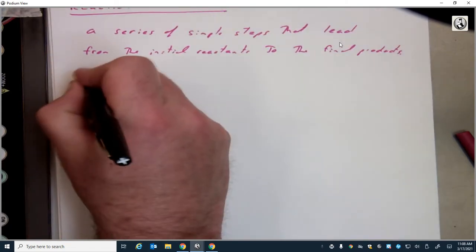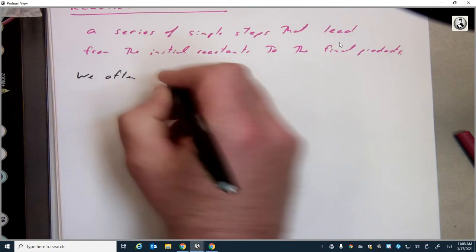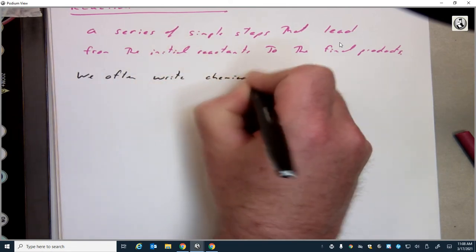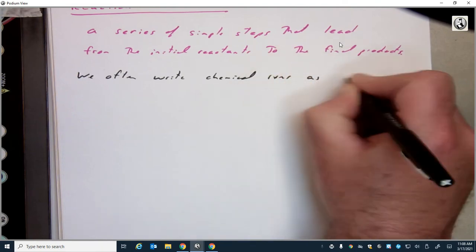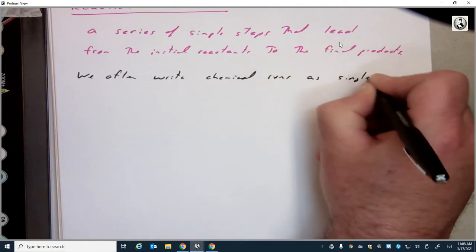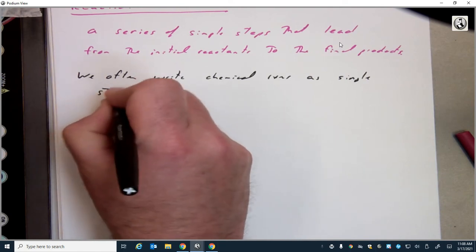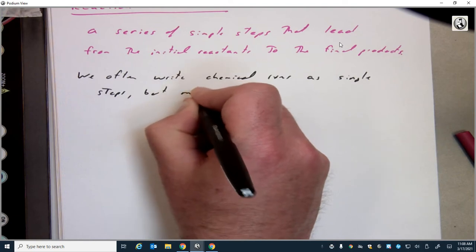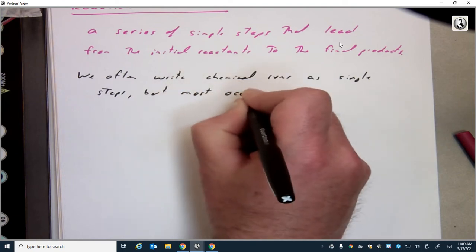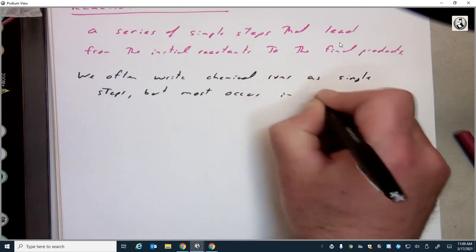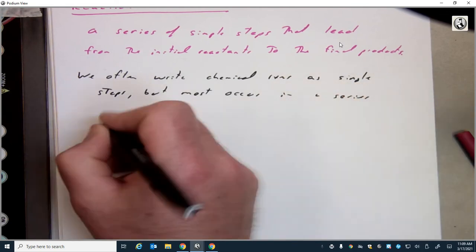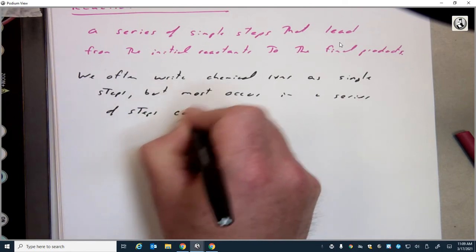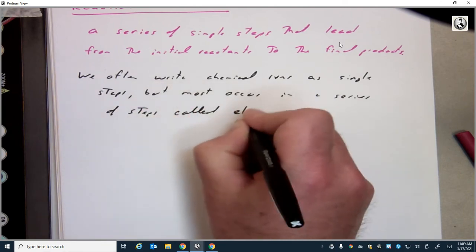So we often write chemical reactions as single steps, but most occur in a series of steps called elementary steps.